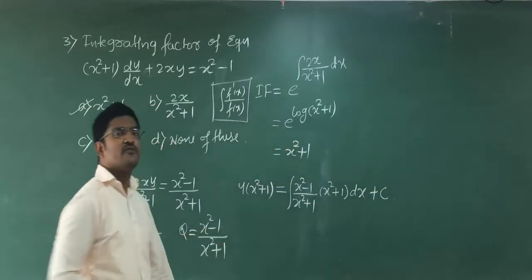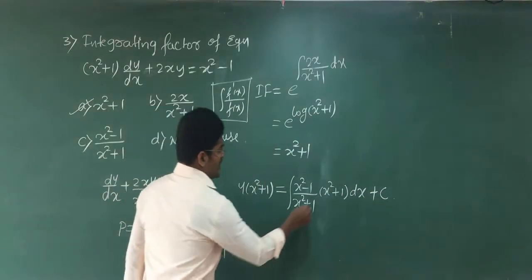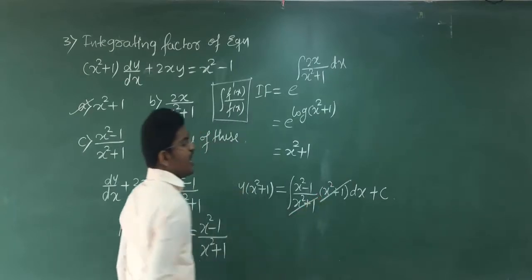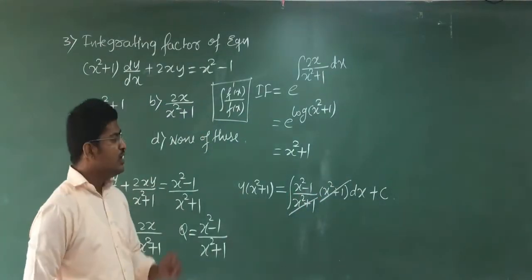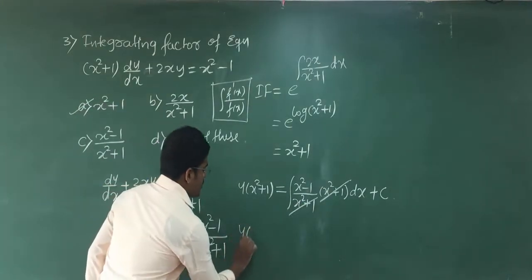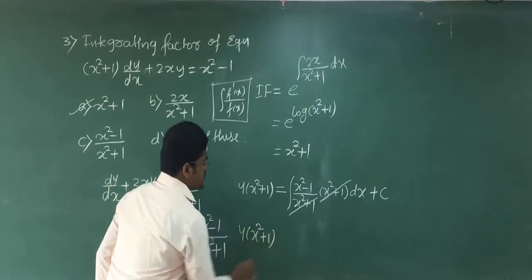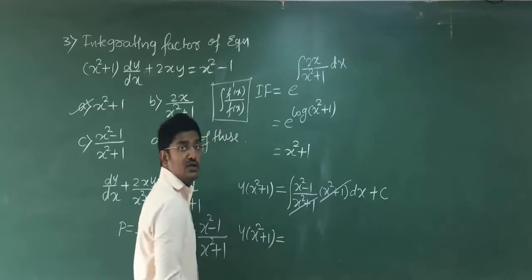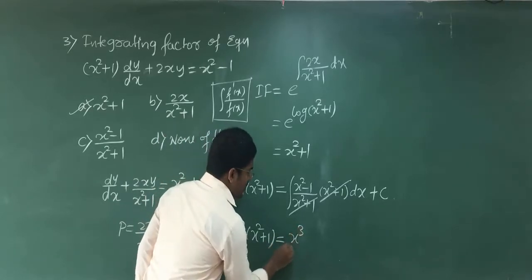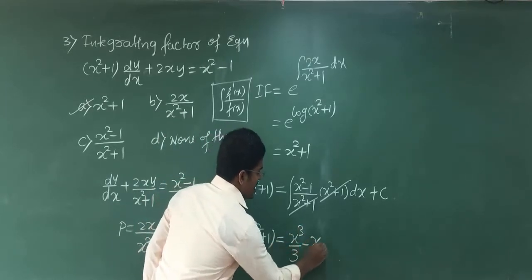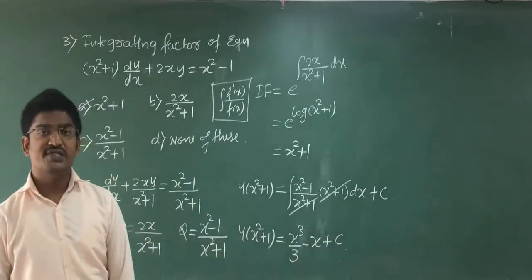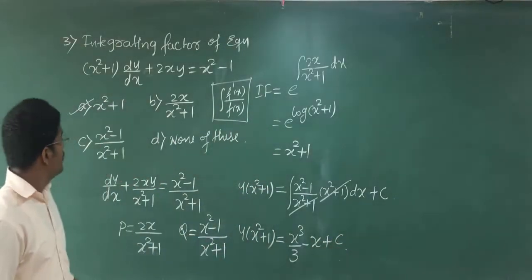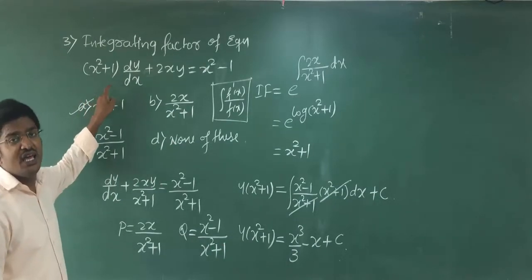This you have to simplify. Clear? So we can cancel x square plus 1 and x square plus 1. You will remain with x square minus 1. If you integrate that, y into x square plus 1 will be equal to x cube by 3 minus x plus c. So this is the solution of this differential equation.